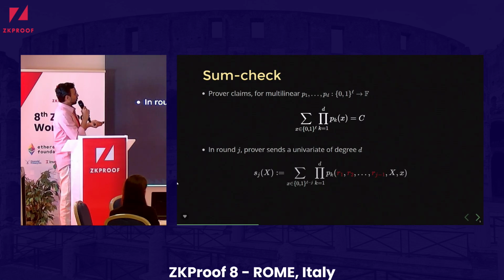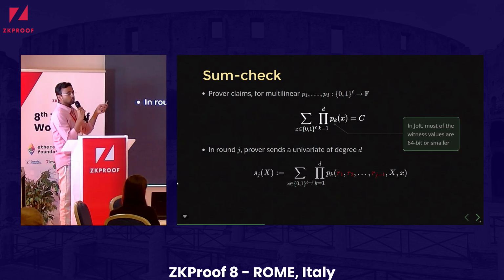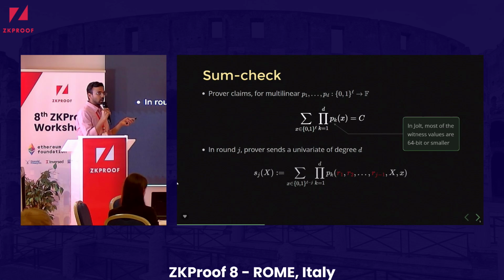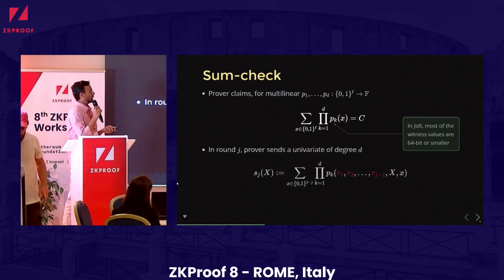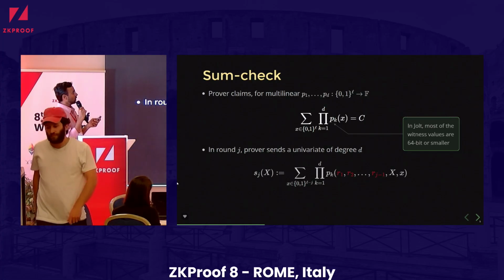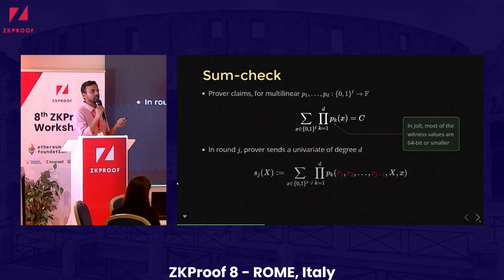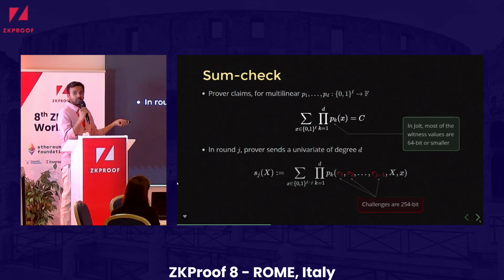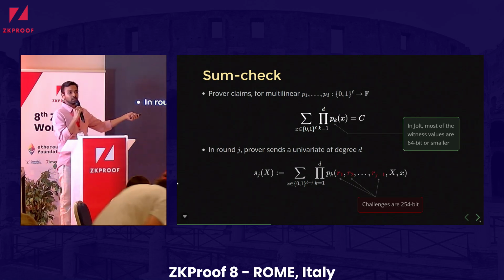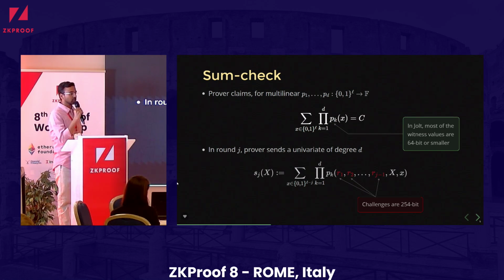The interesting thing to note here was that in Jolt, most of the witness values, so most of these evaluations of the multilinear polynomials, are either 64-bit or even less. The sizes of the witness are generally small. A lot of the witnesses are even Boolean. But the challenges need to be from the entire field. So the challenges are 254-bit because Jolt uses BN254.